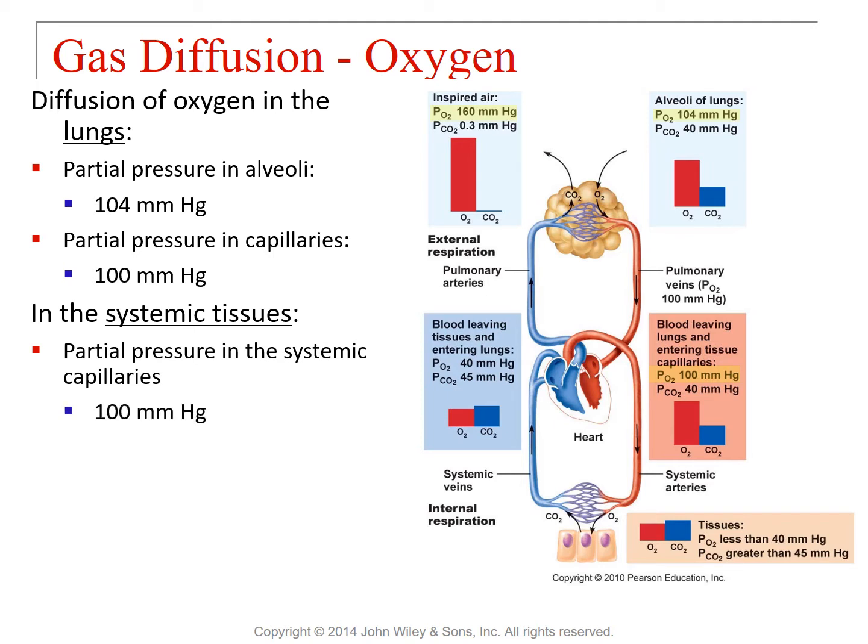You haven't had any oxygen loss out of these arteries on the way. Now, those tissues that you're taking the oxygen to have been using oxygen, and so they're going to have less oxygen and more CO2 because they've been consuming oxygen and generating CO2 as a part of cellular respiration.